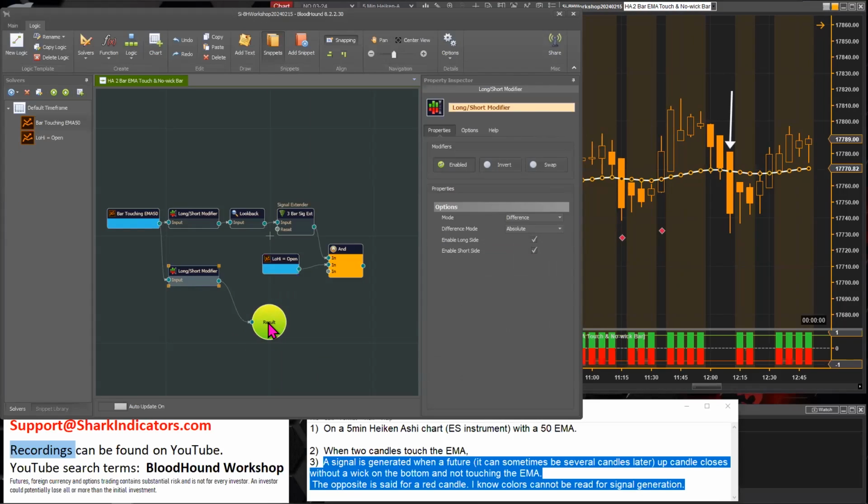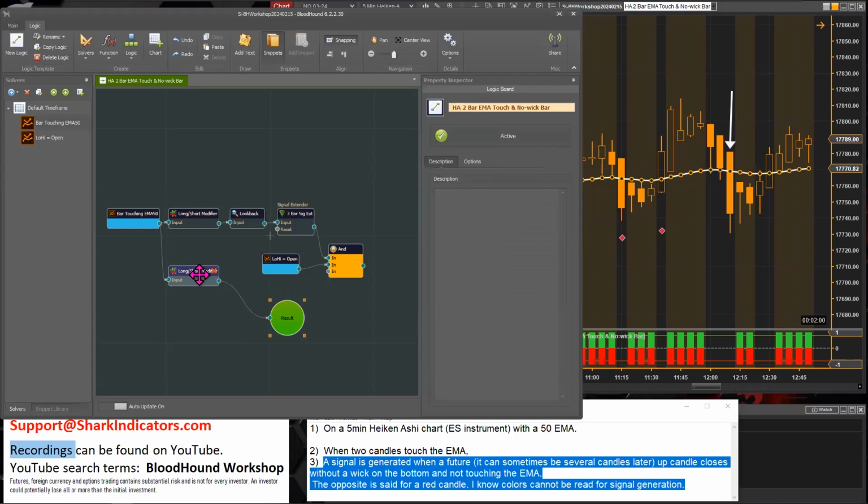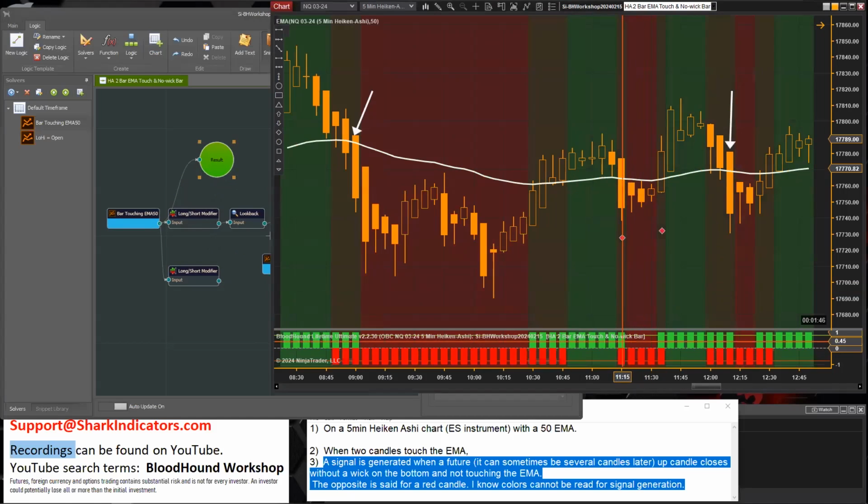Again, this function node is using the difference here. Difference means subtraction. Just a quick explanation: when you get a long and a short on the same bar, you're taking the long output and subtracting it from the short output. So 1 minus 1 is 0.